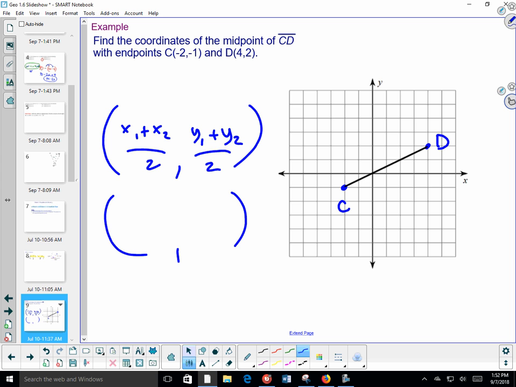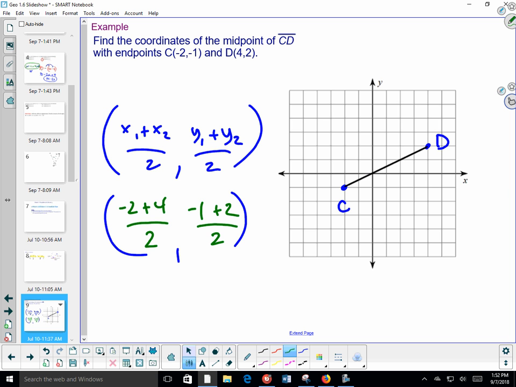Your x1 is going to be -2, x2 is going to be 4. So you get -2 plus 4 divided by 2, and then -1 plus 2 divided by 2. Are we okay with this?